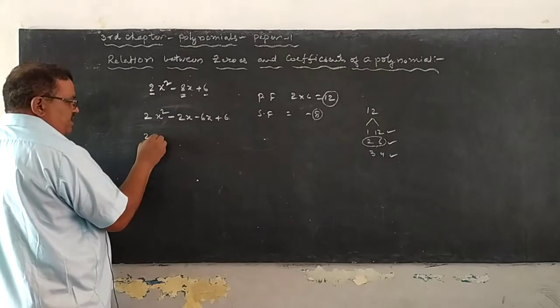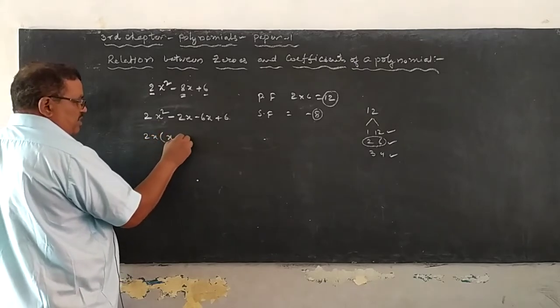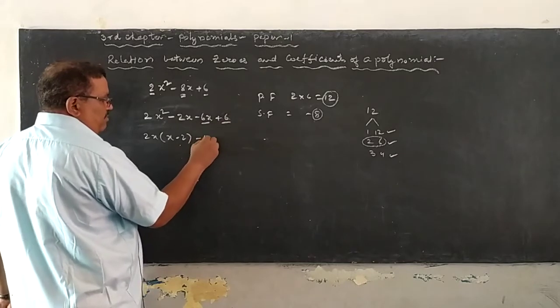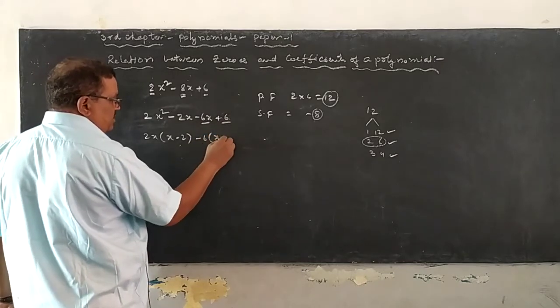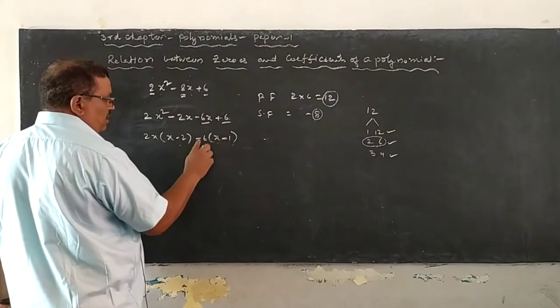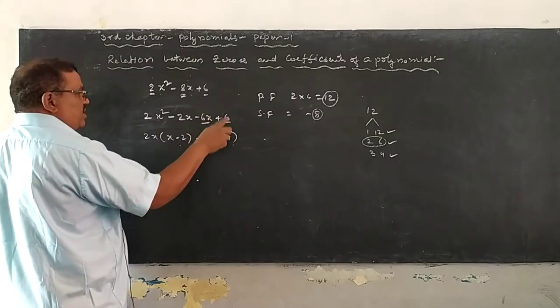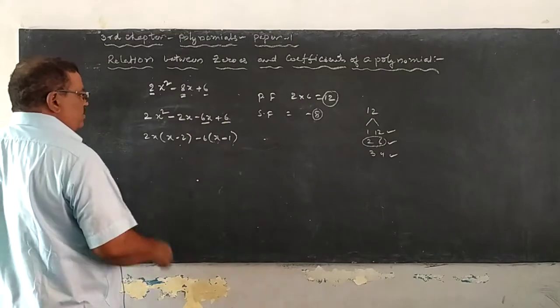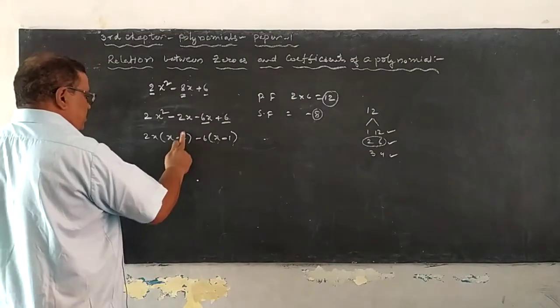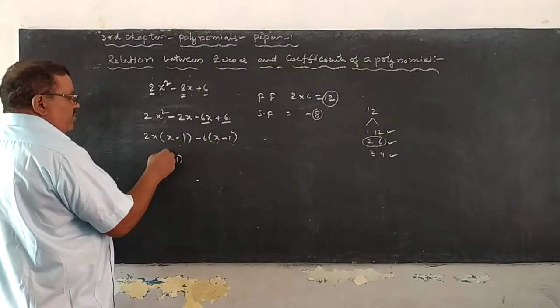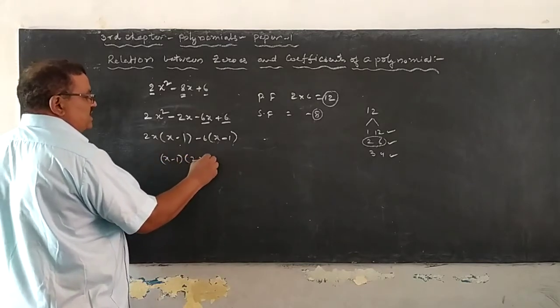Take 2x as a common factor in the first two terms, x minus 1. In the other two terms take minus 6 as a common factor: minus 6 into x is minus 6x, minus into minus plus 6 times 1 is 6. Now take x minus 1 as common factor: 2x minus 6.